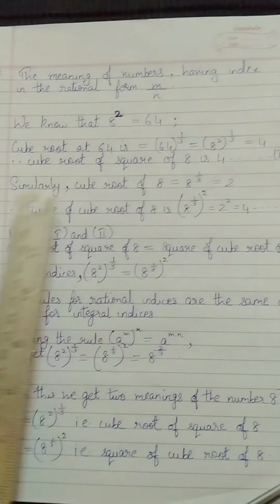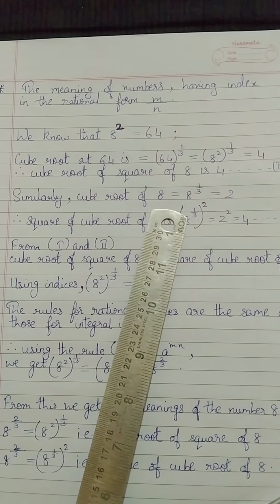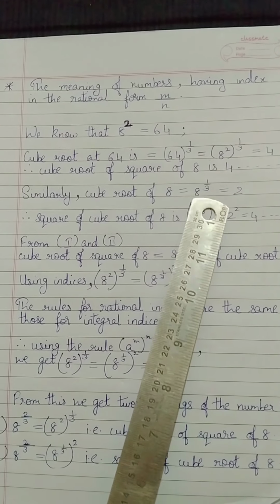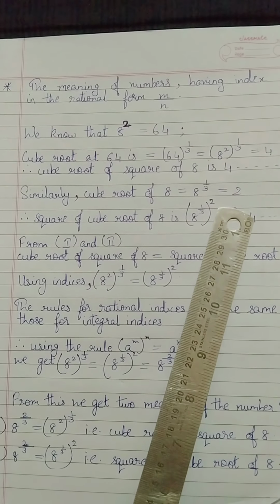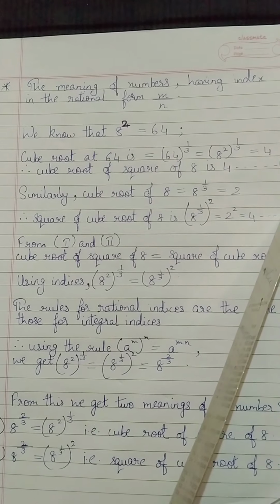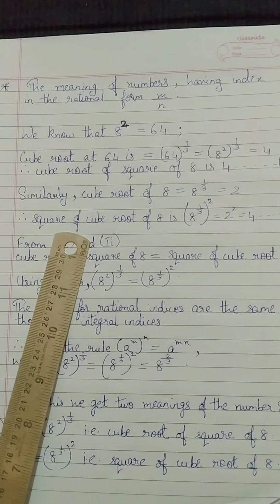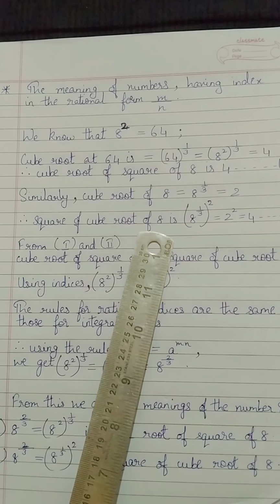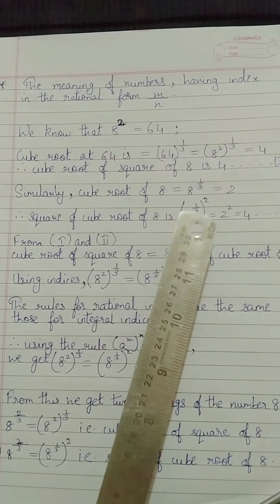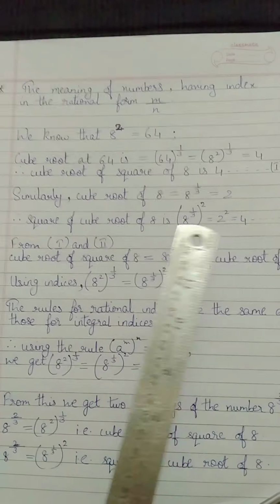That is the first part. Now similarly, the cube root of 8, that is 8 raised to 1 upon 3, is equal to 2, as we saw earlier, 2 into 2 into 2 is equal to 8. Therefore, the square of the cube root of 8 is 8 raised to 1 upon 3, squared.